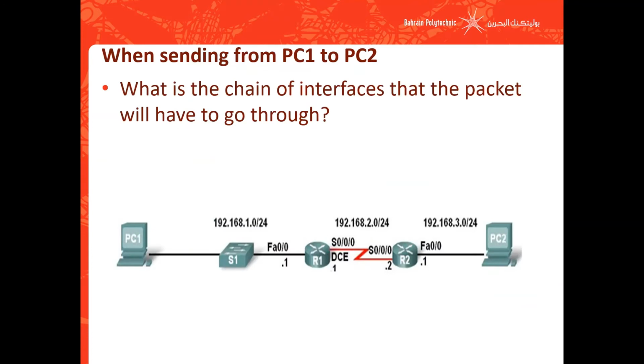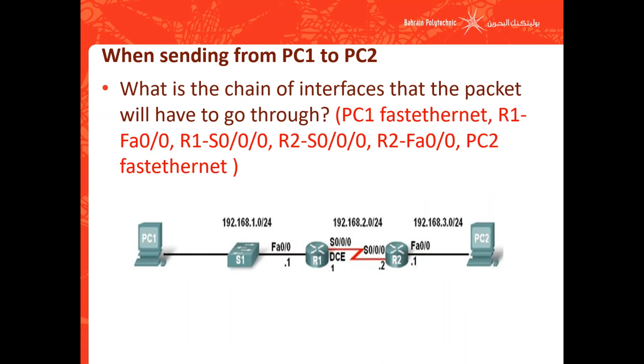Now, when sending from PC1 to PC2, how many interfaces would the packet go through? There's an interface or port here, an interface port here, an interface port here, all of those. So these are the ports that it would go through, right?